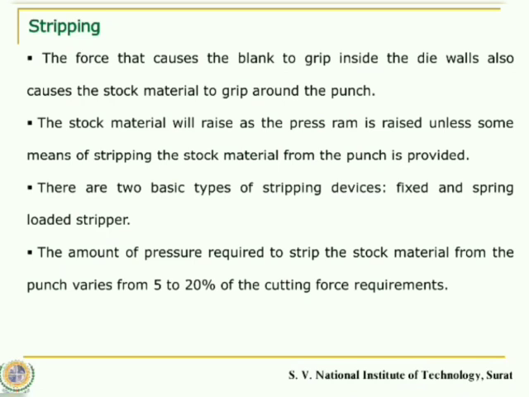For this, we use the stripper plates. There are two basic types of stripper plates, the fixed stripper and the spring loaded or the movable stripper. The amount of pressure required to strip the stock material from the punch varies from 5 to 20% of the cutting force requirements.